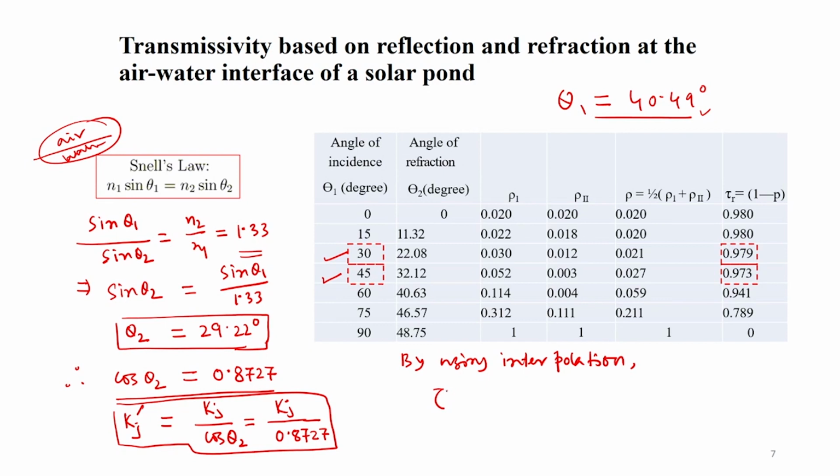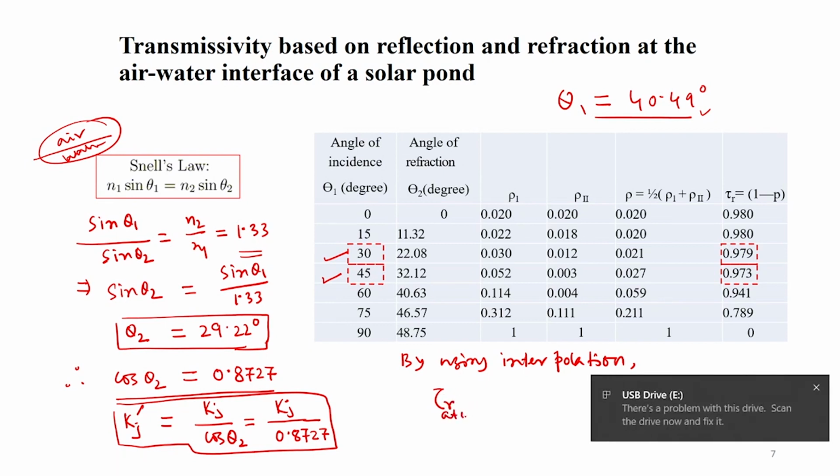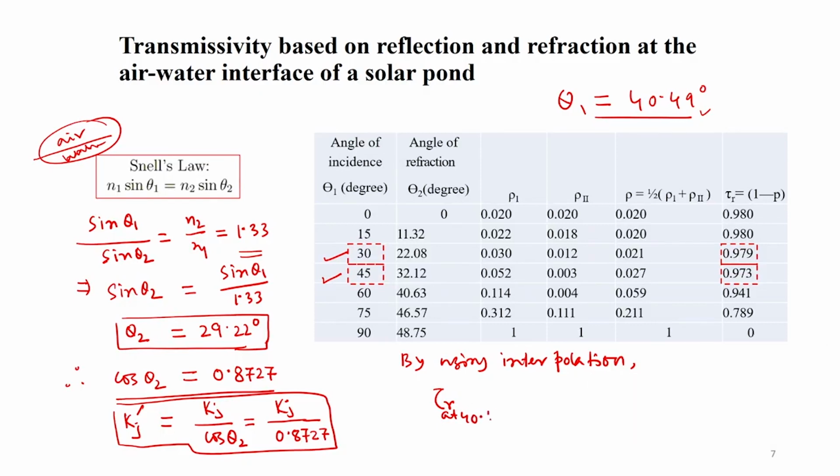So, tau r at 40.49 degree is equal to, first, what is the data? These two data points are required.